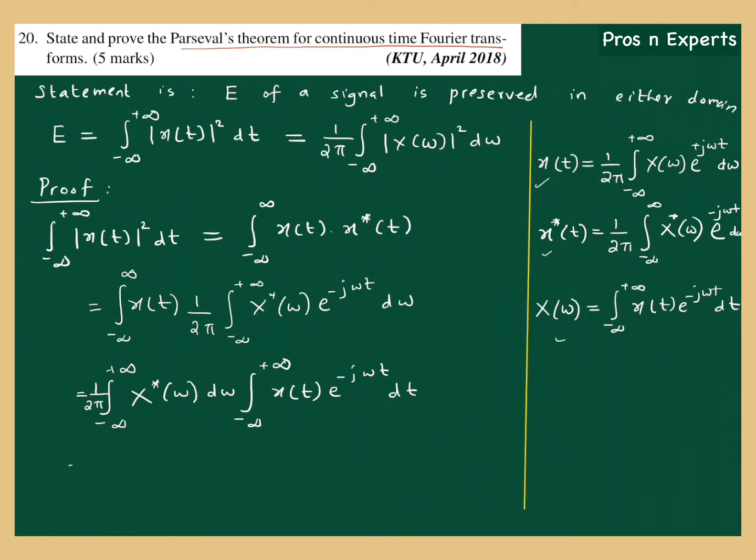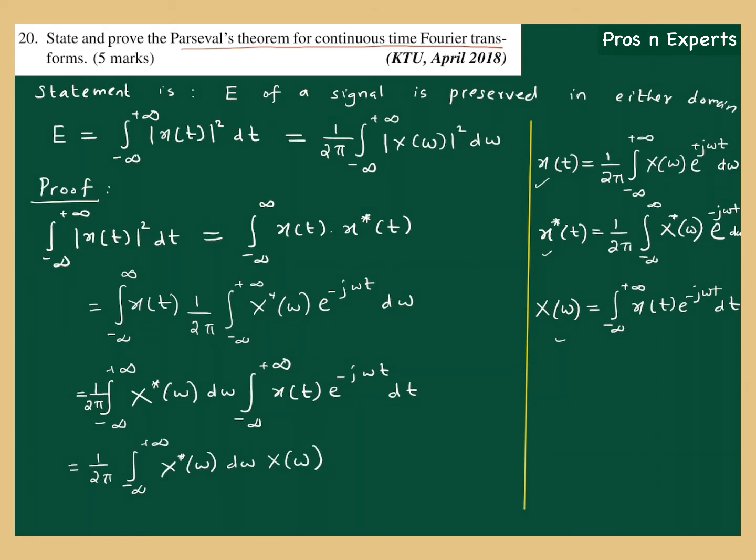So this is 1 by 2 pi integral from minus infinity to plus infinity x star of omega d omega, into the next integral, the integral from minus infinity to plus infinity of x of t e raised to minus j omega t. I've already written it as x of omega, so I can replace it as x of omega.